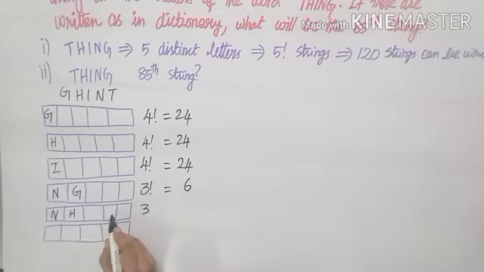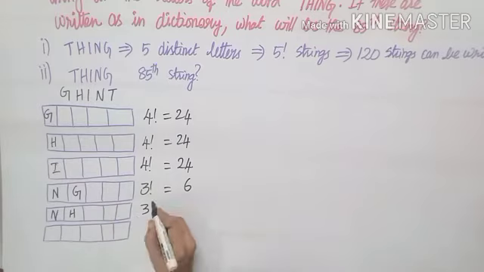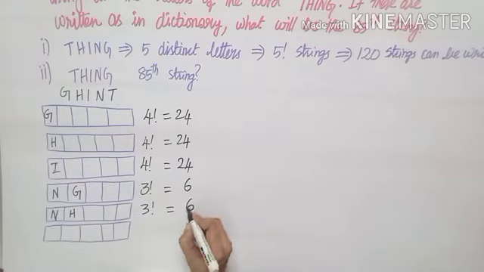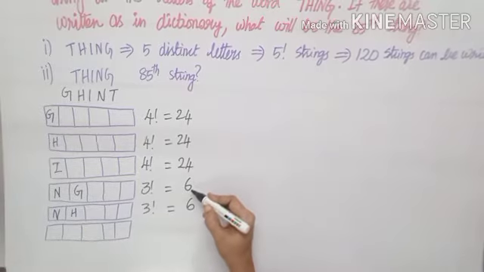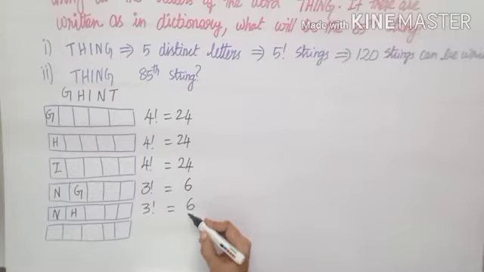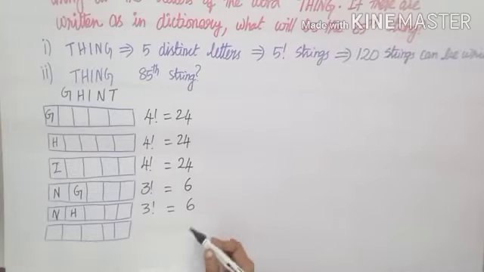So 3 boxes, 3 letters, 3 factorial ways, which is 6. 72 plus 6, 78. 78 plus 6, 84, I have attempted. My question is 85. So only one word I must write here so that my answer is 1 and the total is 85. So what will be the next word?